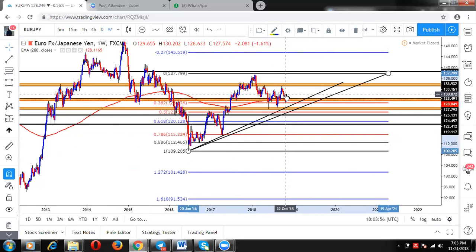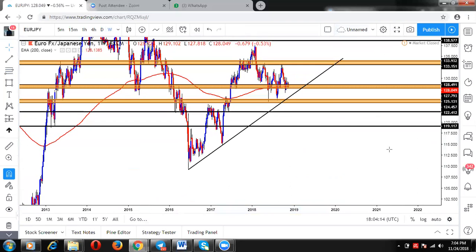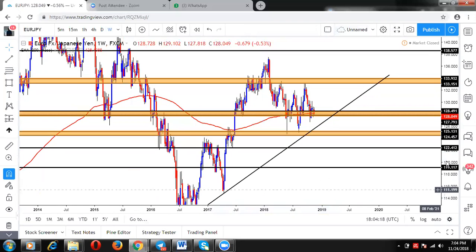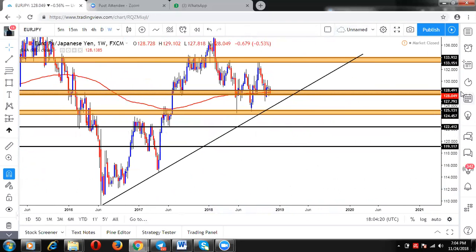And this trend line corresponds with almost the same thing, between the 38 and the 50. But we're going to see how this plays out. From what I see, you can have a very good trade on this next week.